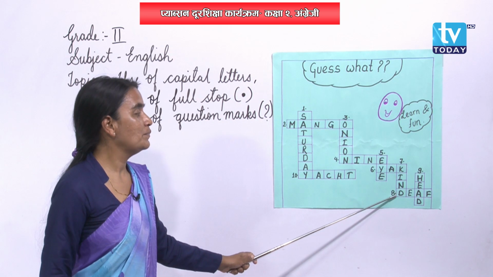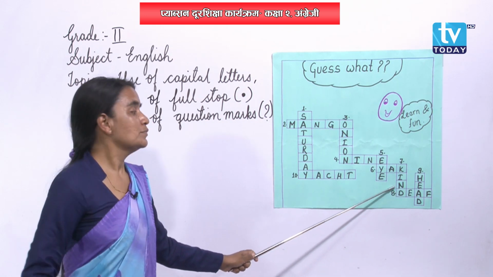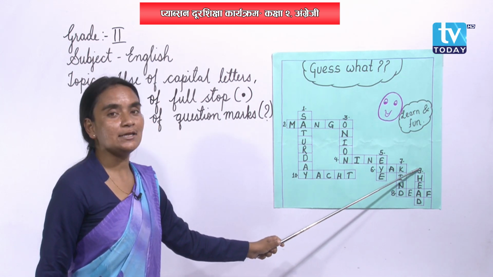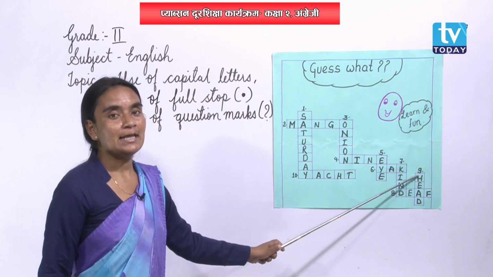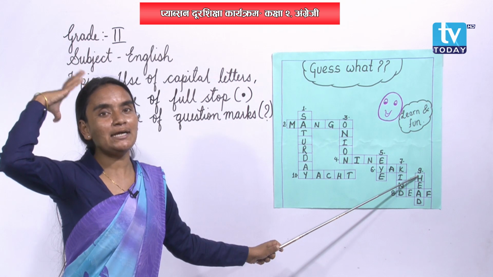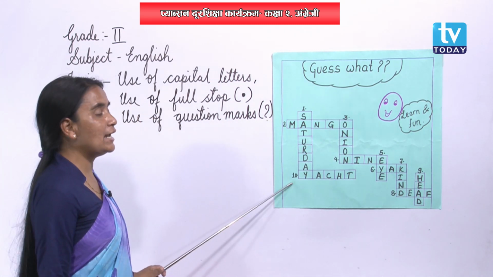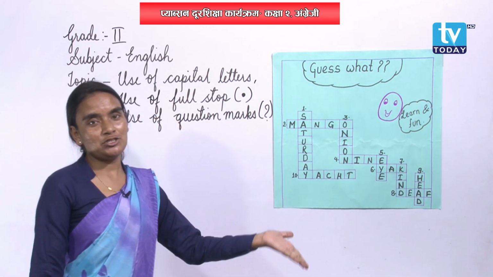But the one who is unable to listen to our voice is called deaf. The next one, number 9. It's an odd number, top to bottom we have to see. The uppermost part of our body, it's head. H-E-A-D, head. And the last one, number 10, it's yacht.